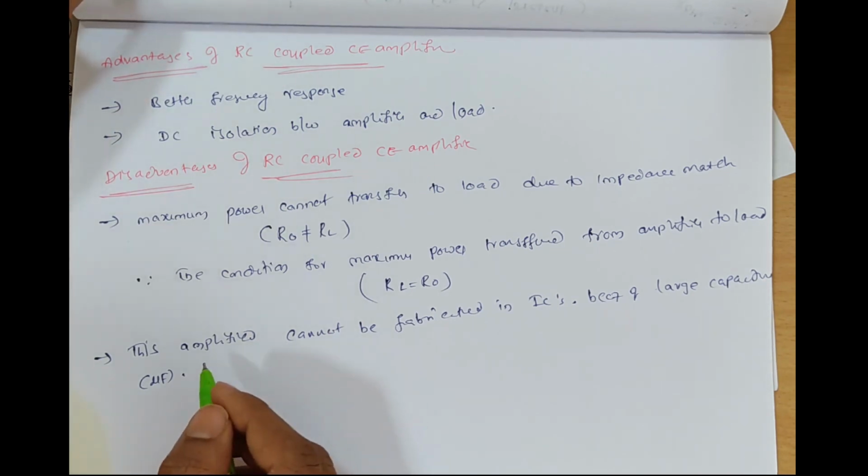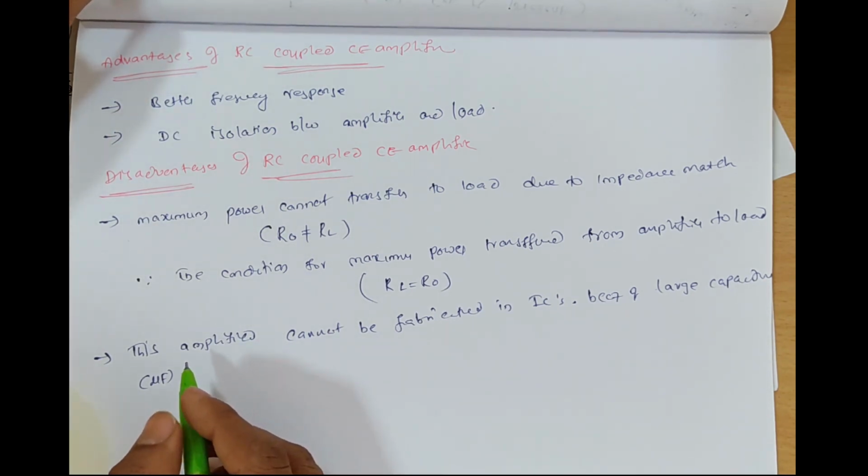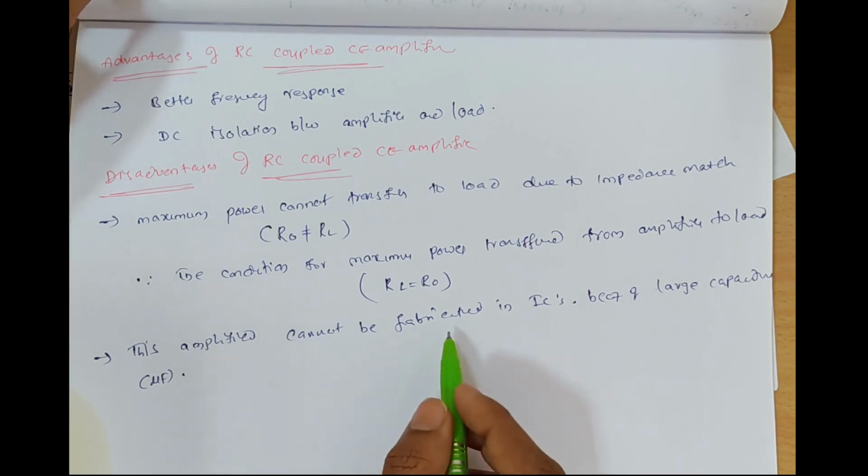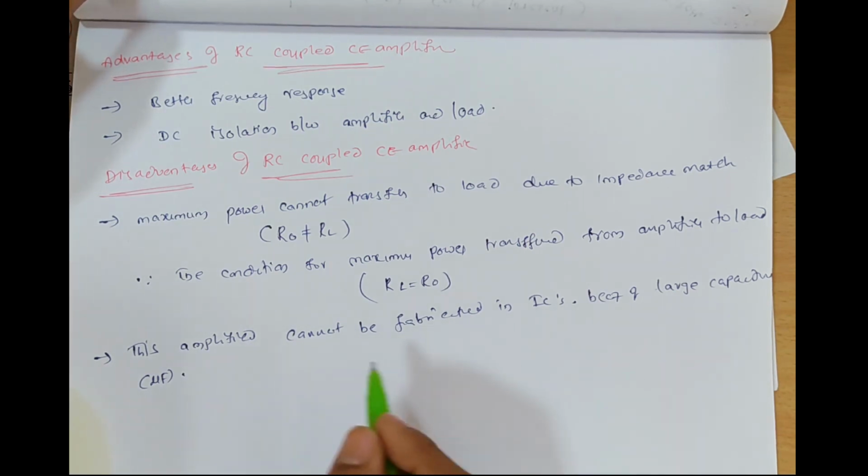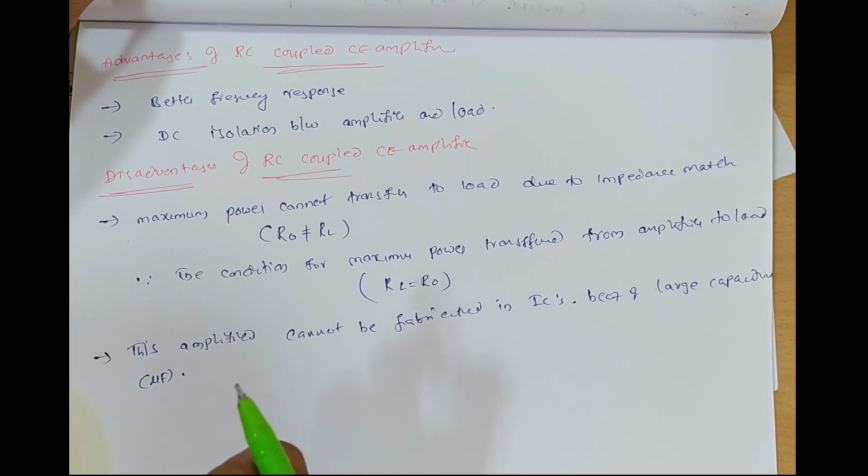Why can't we fabricate these amplifiers in ICs? Because of the large capacitance, the chip area of that amplifier is too large.